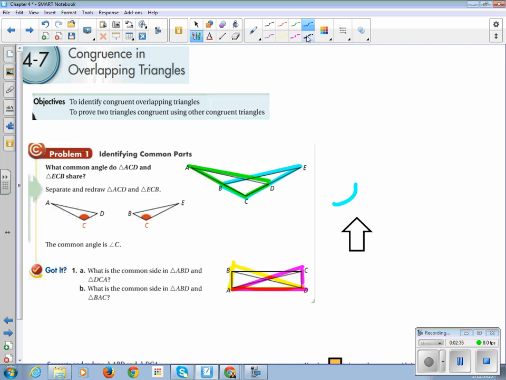So we are going to redraw A, B, D. This is an A, it's hard to tell. And we're going to redraw DCA. So the common side in triangle ABD and DCA, it's the one that we drew twice.